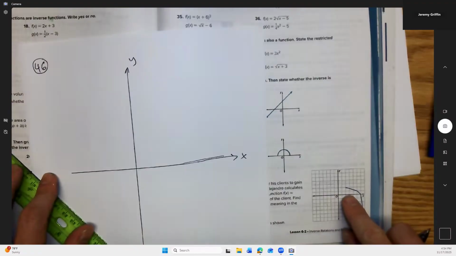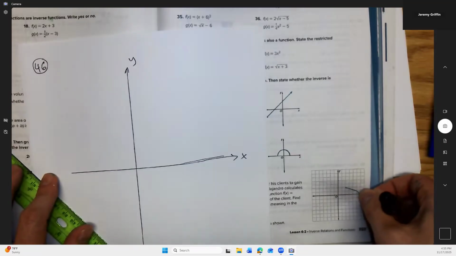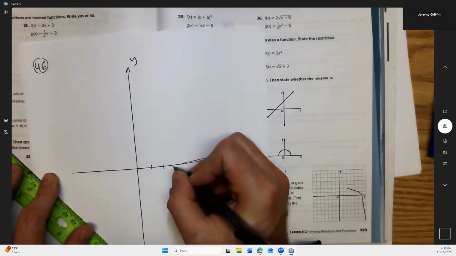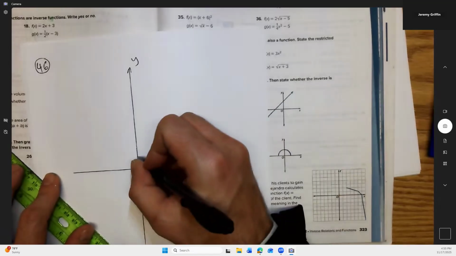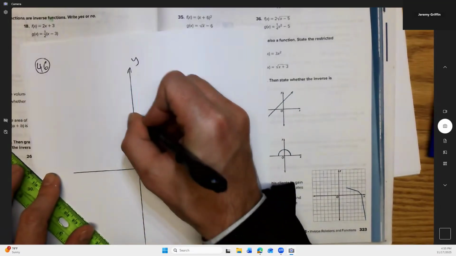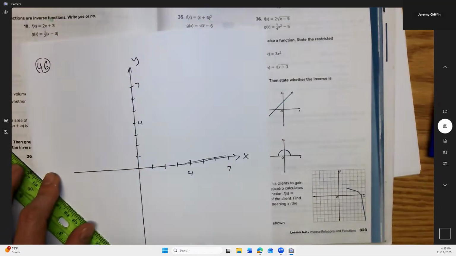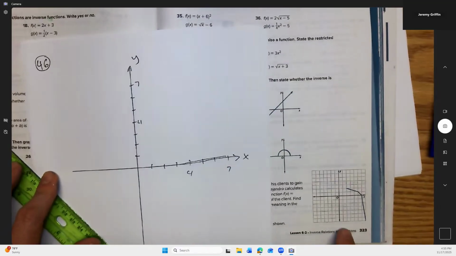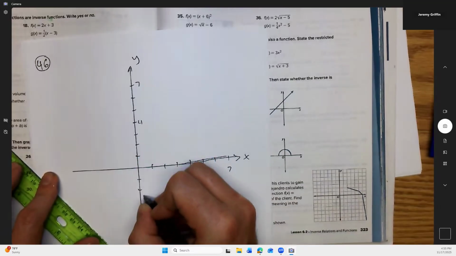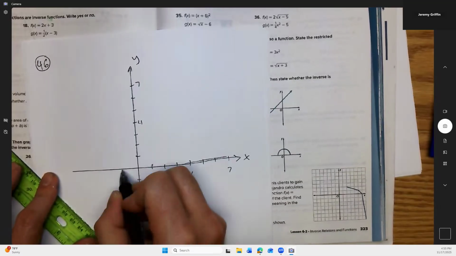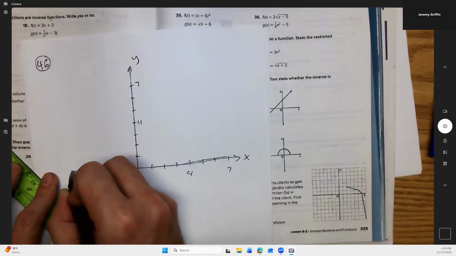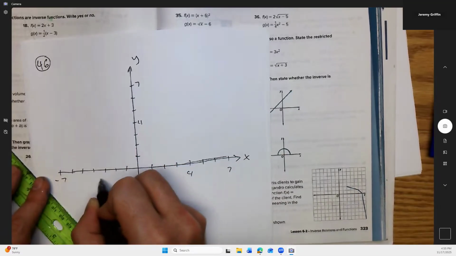The scale is 1, 2, 3, 4, 5, 6, 7 in each direction, and I have to go negative as well, negative 1 through negative 7.